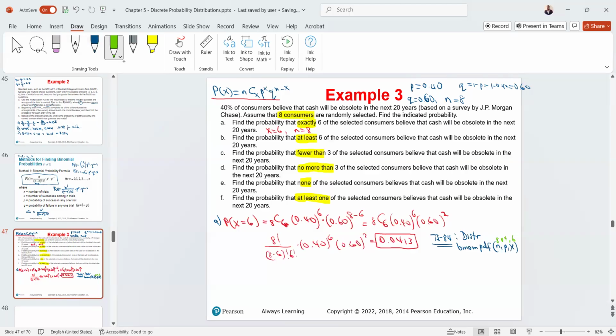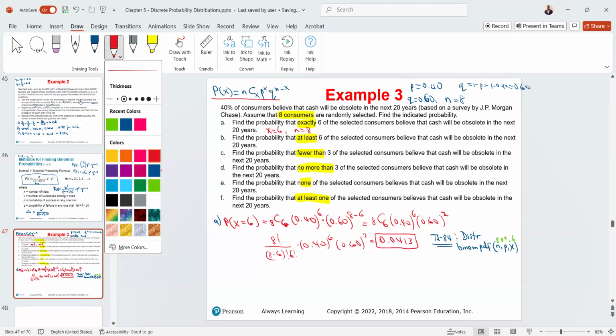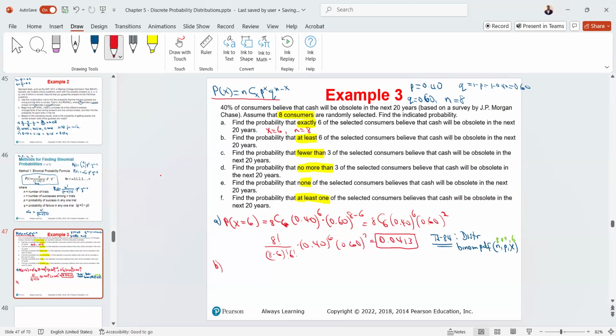Now, let's go for B as in boy. For B, it says, find the probability that at least 6 of the selected consumers believe that cash will be obsolete. In essence, at least 6.